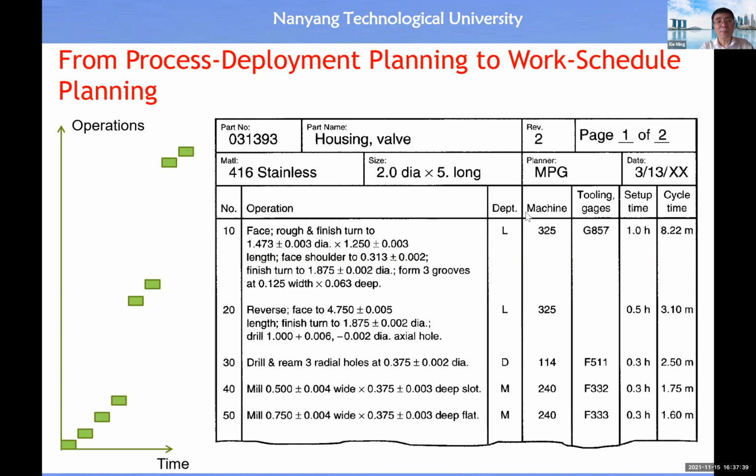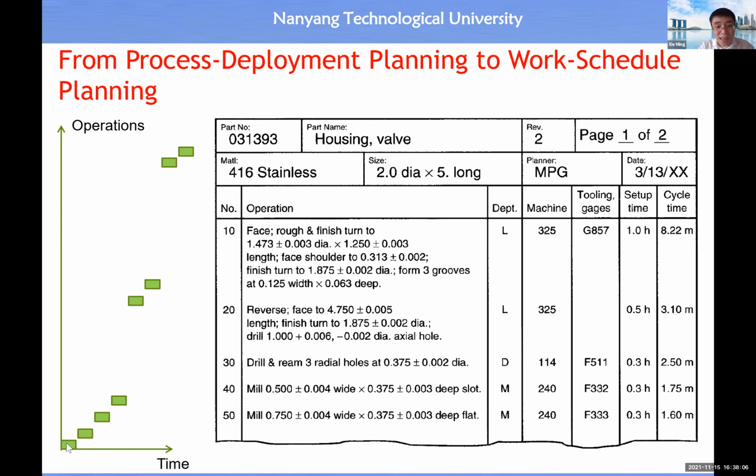And for this work schedule, here I just show you an example. Let's say we have a part which is a valve. This valve will undergo turning on the face and the reverse. Then drilling and milling. So you will see turning, and this also is turning, then drilling, milling.